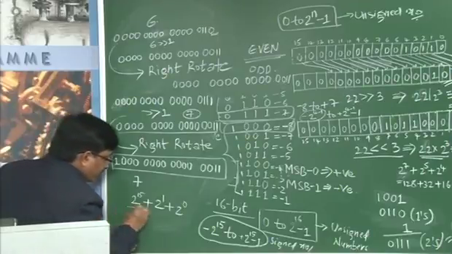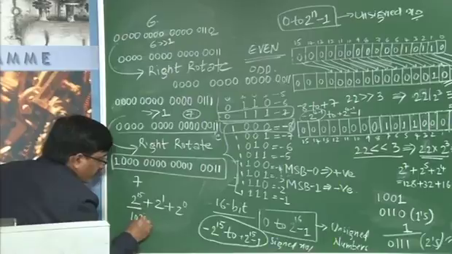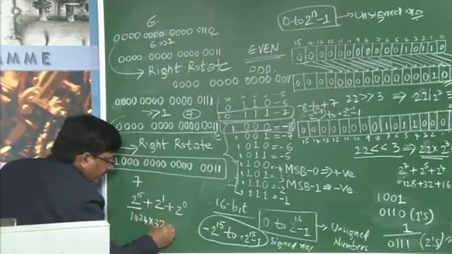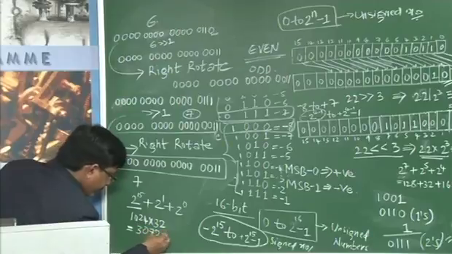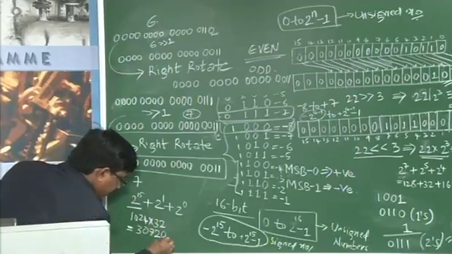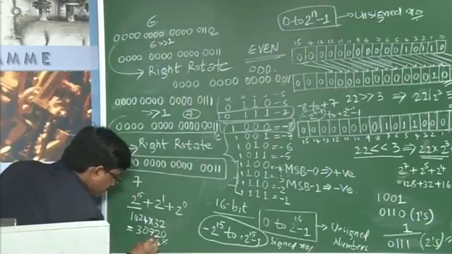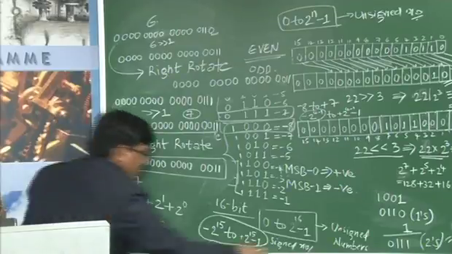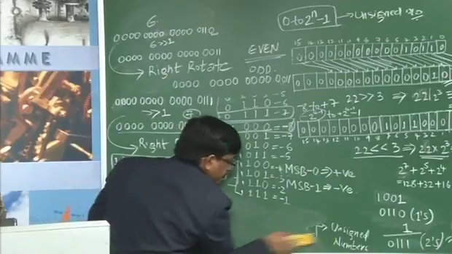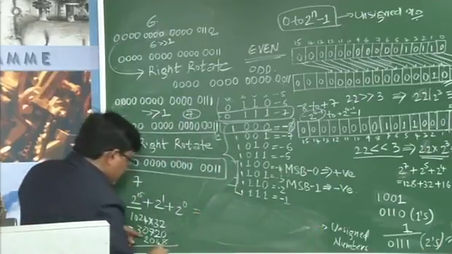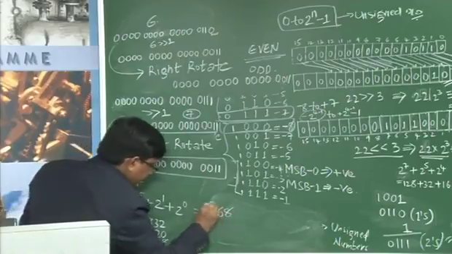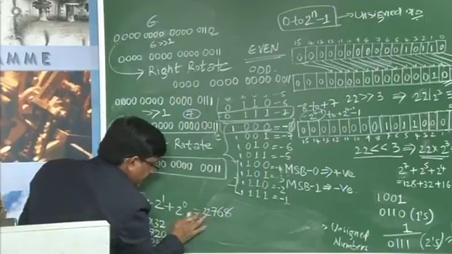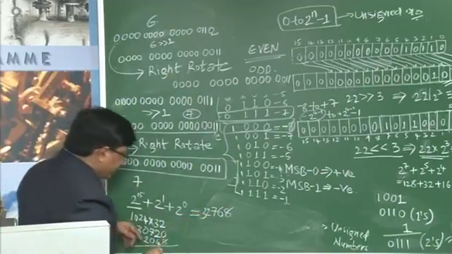What is the exact value of 2 raised to 15? 2 raised to 10 is 1024, and 2 raised to 5 is 32, so 2 raised to 15 is 32,768.